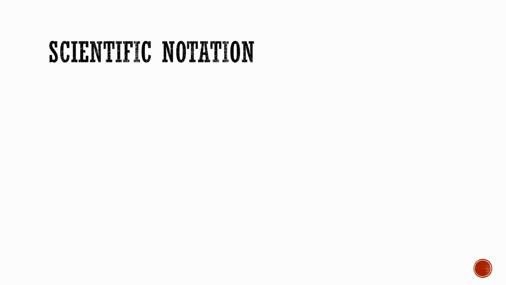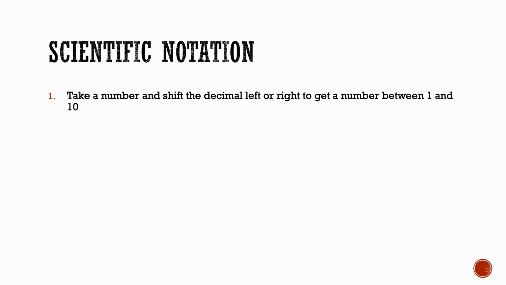So with scientific notation, if we're converting something into scientific notation, what we want to do is take a number and shift the decimal place to left or right until we get a number that's between 1 and 10. We'll then write out this new number, and to right of it, put times 10.